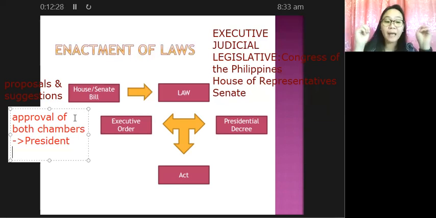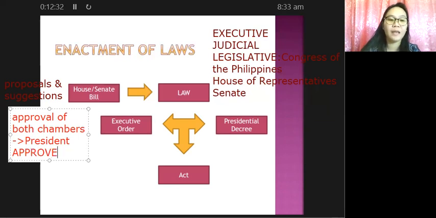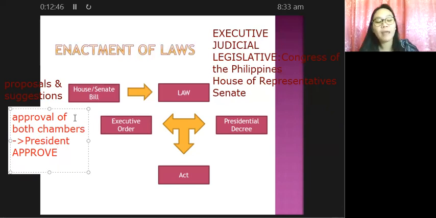The president can approve the bill, and with that, it becomes a Republic Act or a law. Or the president may also veto the bill. That means the president did not approve the bill.